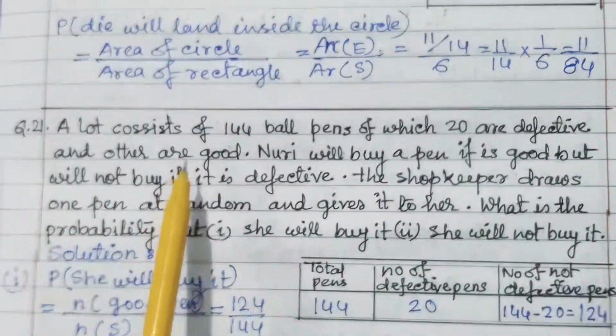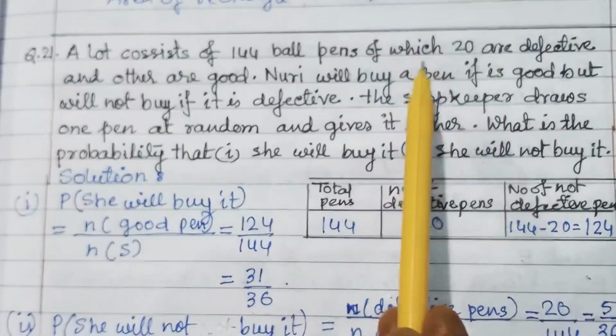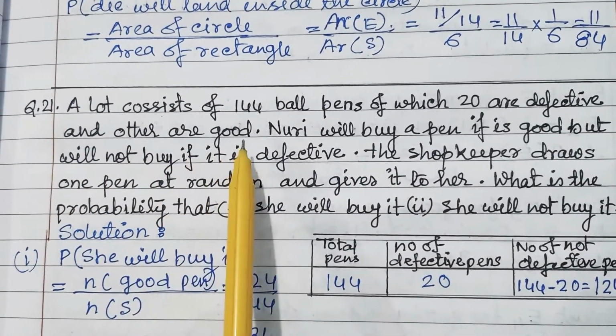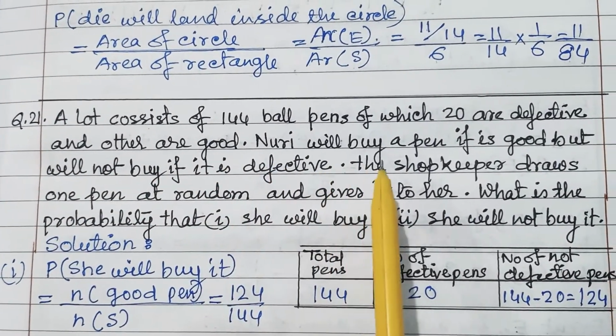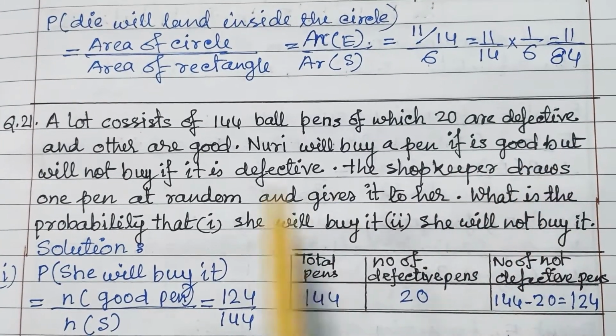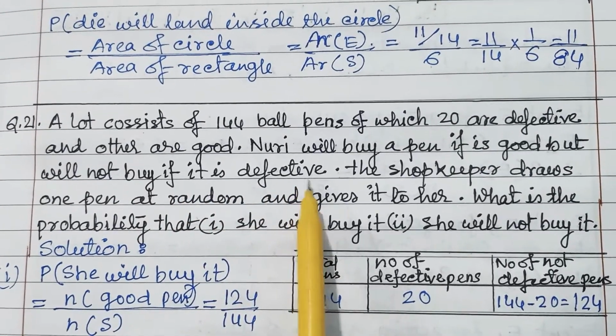A lot consists of 144 ball pens, of which 20 are defective and others are good. Nuri will buy a pen if it is good, but will not buy it if it is defective.